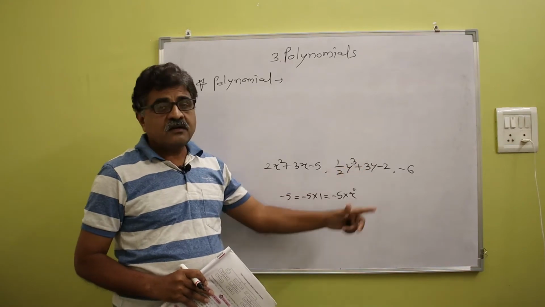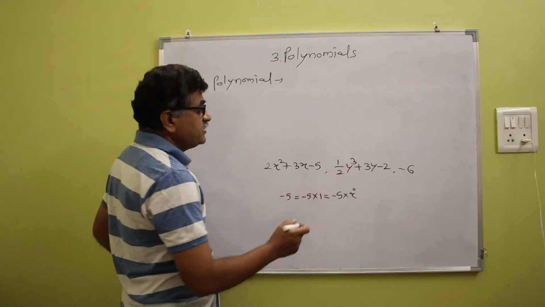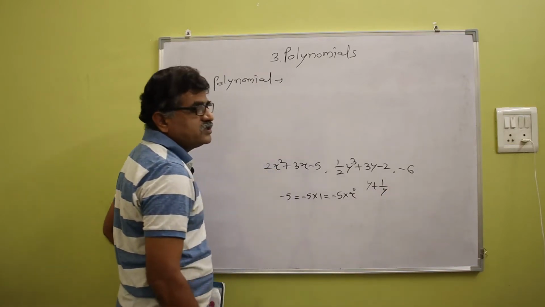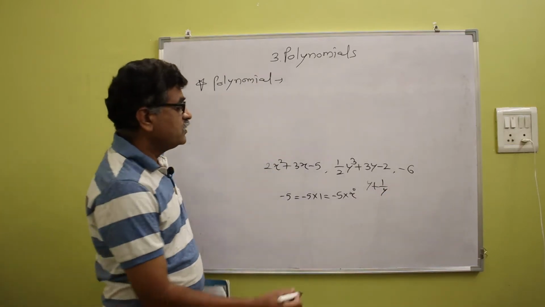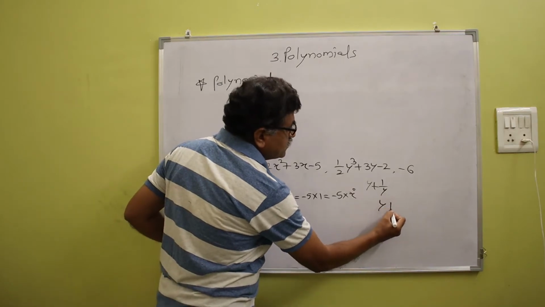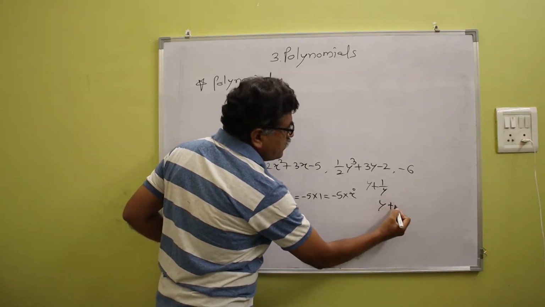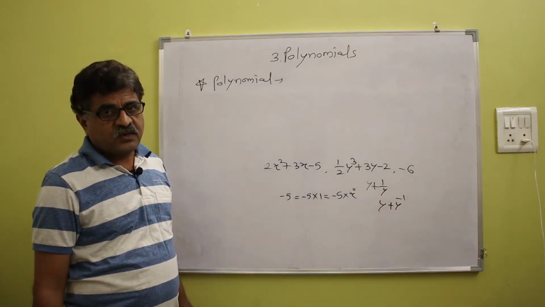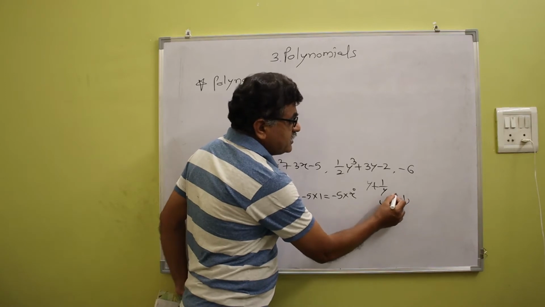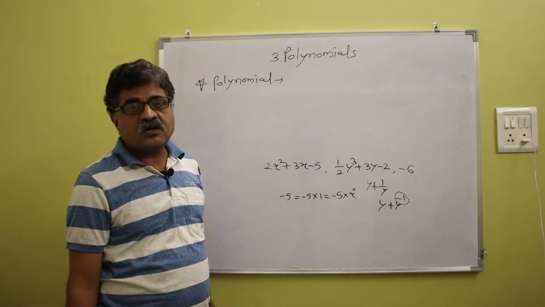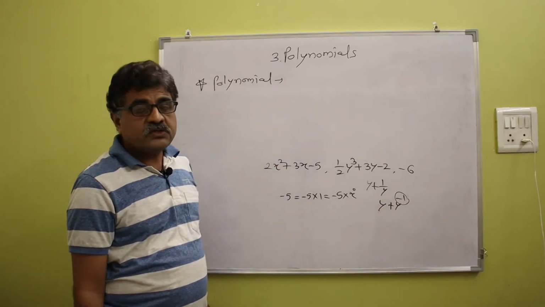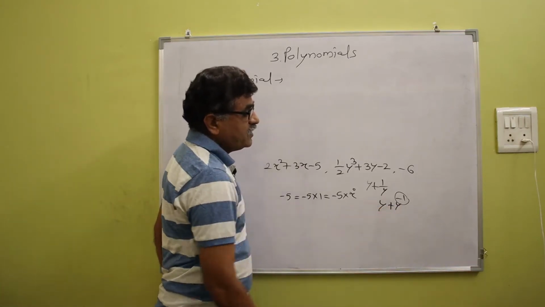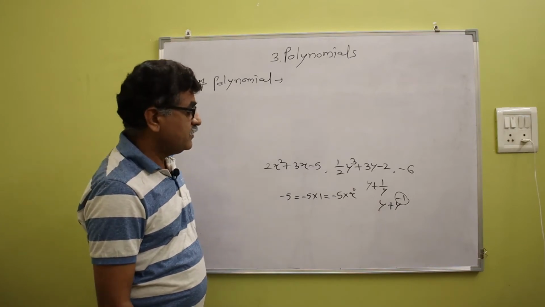Therefore these three are polynomials. But y plus 1 upon y is not a polynomial, because 1 upon y can be written as y to the power minus 1. Here the power is negative, so it is not a whole number, therefore this is not a polynomial.